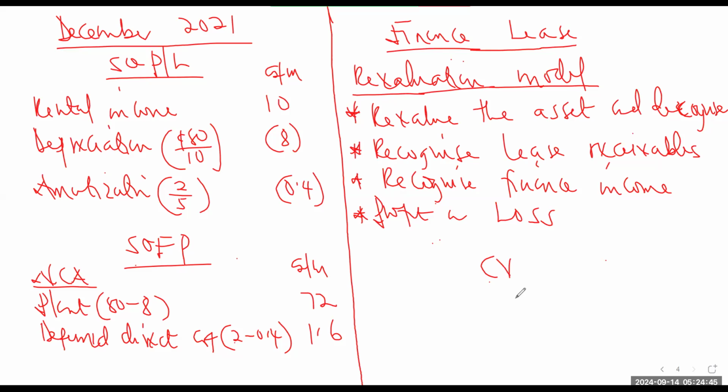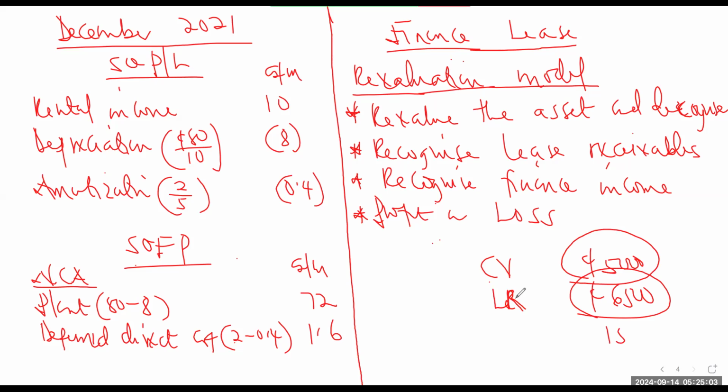So if the carrying value of the asset is 5,000, and the present value of the lease receivables is, let's say, 6,500, it means that an asset that costs 5,000, you are now giving out to the person at 6,500. So you are having a profit of 1,500.